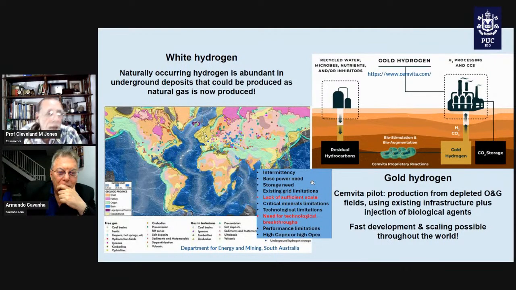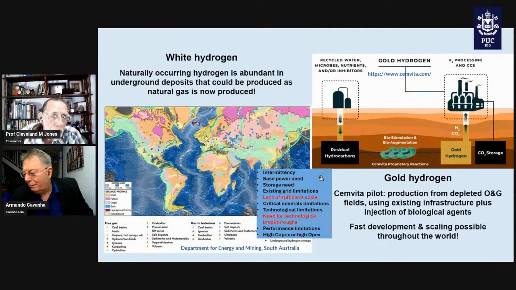But again, you have to be in the right place geologically, even though it looks like there would be more places in the world where this could work out, because now we're beginning to look for white hydrogen, natural hydrogen accumulations. And in countries like France, which is highly dependent on nuclear energy, which is not intermittent, now they have the option of having another source.